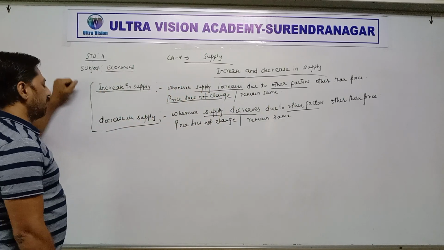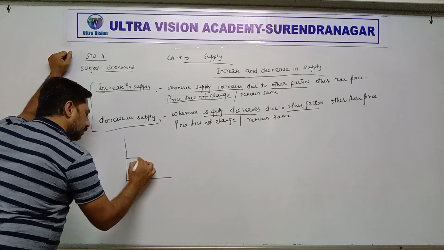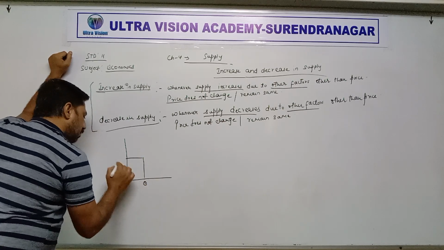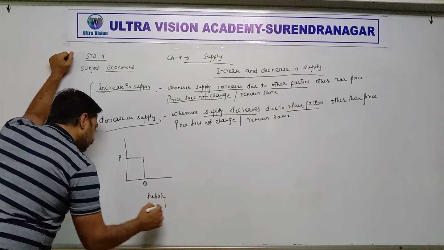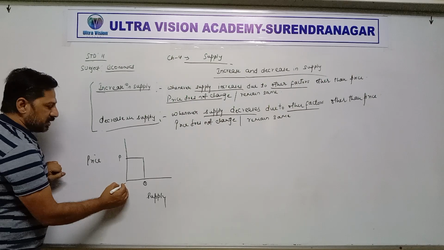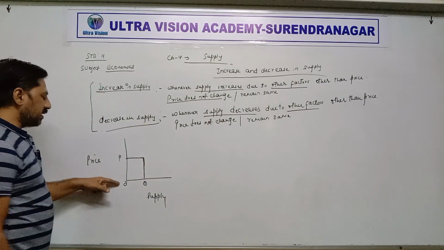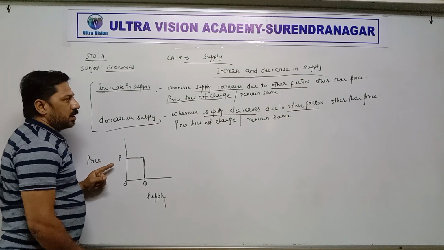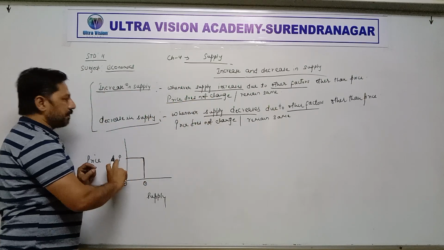Now the diagram. First, for increase in supply. Price is OP, and at this price supply is OQ. According to increase in supply, price does not change, price remains same.